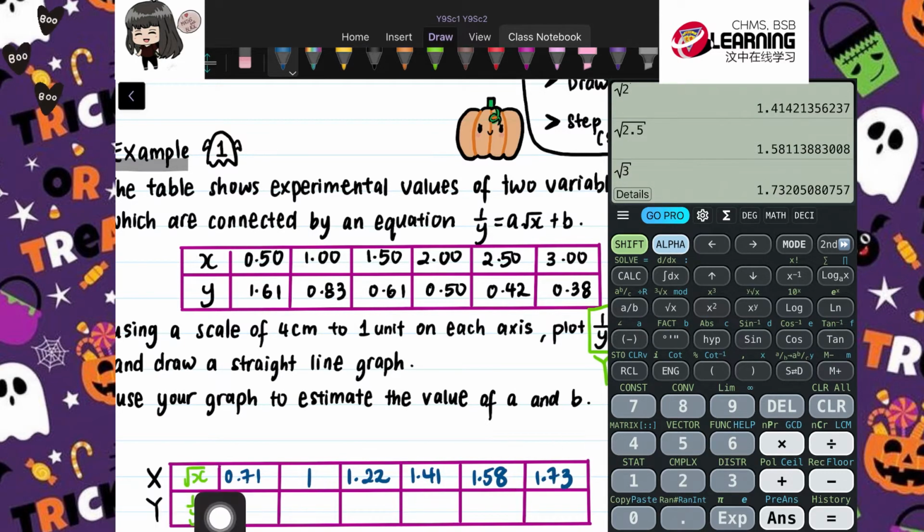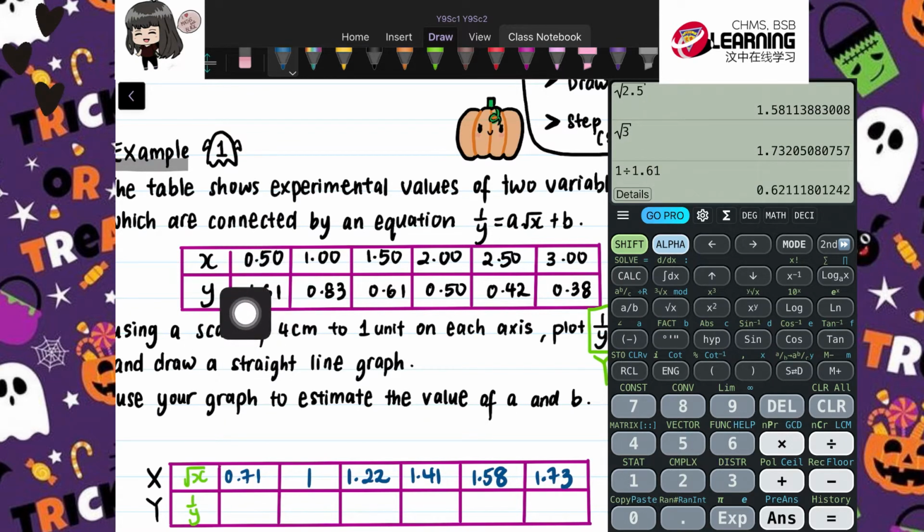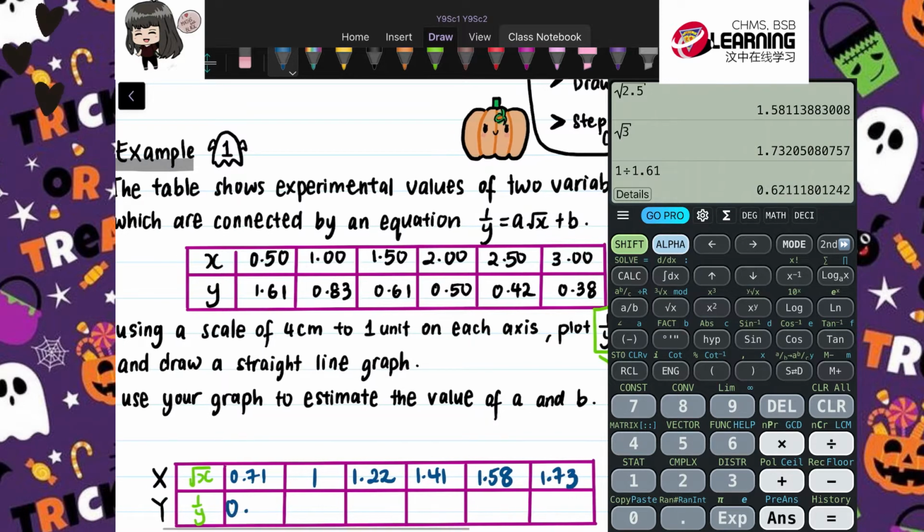And then the next thing is we want to fill in this part, 1 over Y. So what we're going to do is 1 over this whole Y here. 1 over Y means 1 over 1.61, which is 0.62. Then 1 over 0.83, I get 1.20. 2 decimal places is enough.